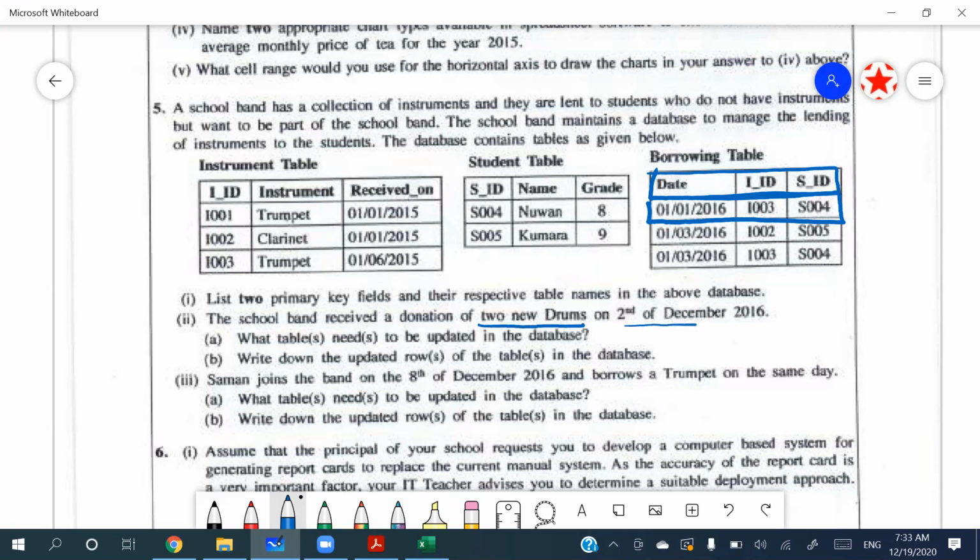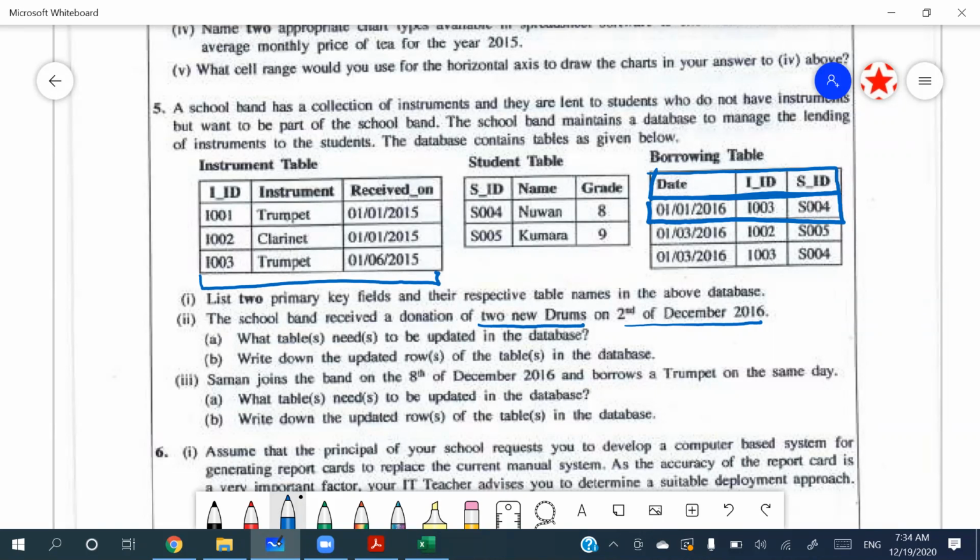What tables need to be updated in the database? If you think about the instruments, since they are talking about the drums, there is a trumpet and a clarinet. So the instrument table does not have drums, so you should add a record to the instrument table.